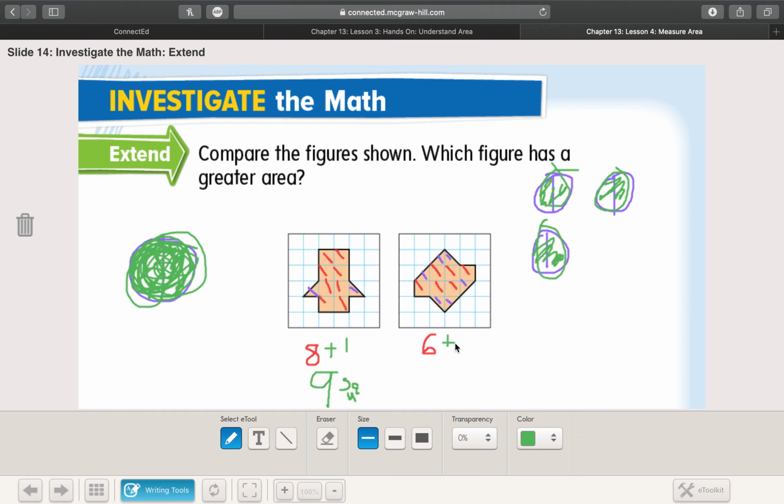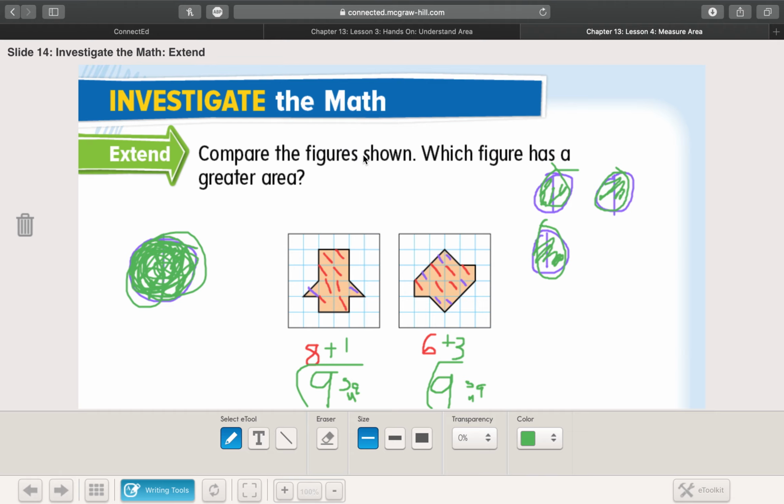So that's what I'm adding to 6. 6 holes plus 6 halves. 6 halves equals 3. So 6 plus 3 is 9 square units. So I have 9 square units over here, and I have 9 square units over here.